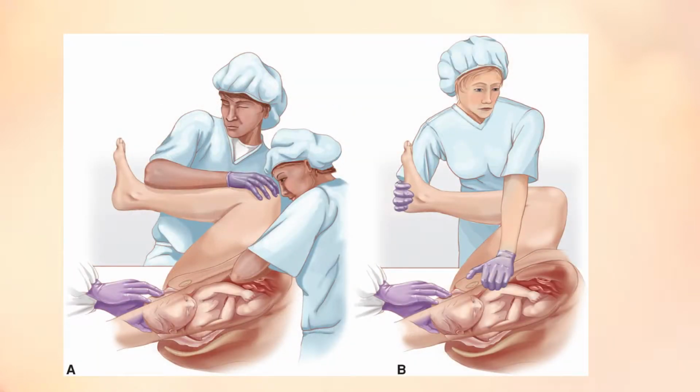This is a photo of the McRoberts maneuver whenever there is a shoulder dystocia. It's where the healthcare provider is at the delivery side.